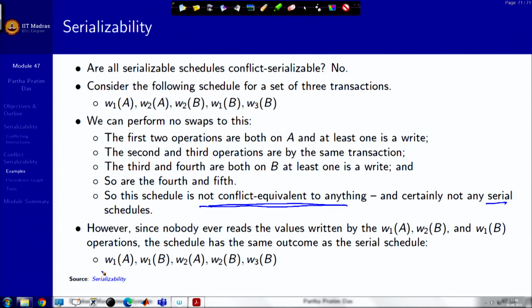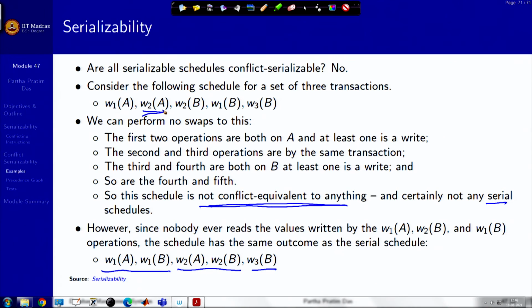So, if I do the writes of T1, then the writes of T2 and then the write of T3, nothing changes, right? Nothing will change, because what is the final effect that I will get in doing this?